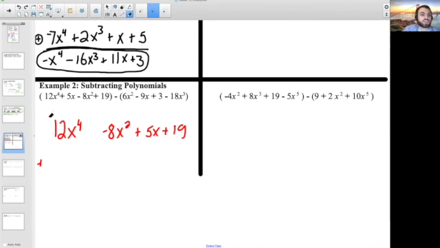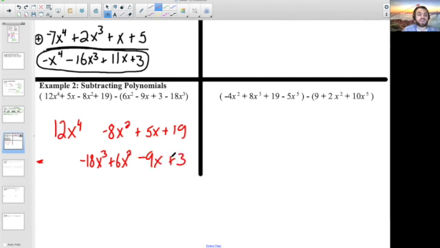And I just noticed it's not addition, it is subtraction. Okay, so nothing here, minus 18x cubed plus 6x squared minus 9x plus 3. And now, it is good practice to circle this so you don't get it confused with the negative sign, I'm going to subtract down the columns. So 12x to the fourth minus nothing remains 12x to the fourth.